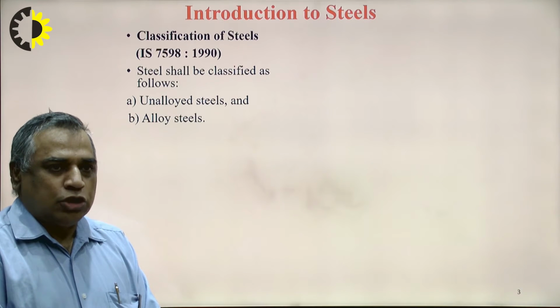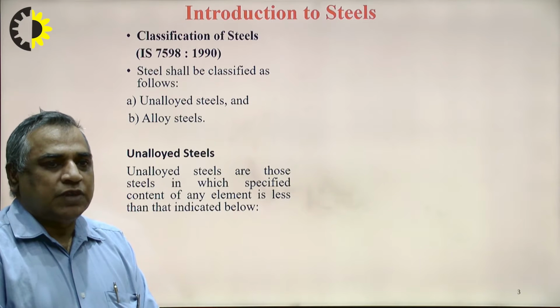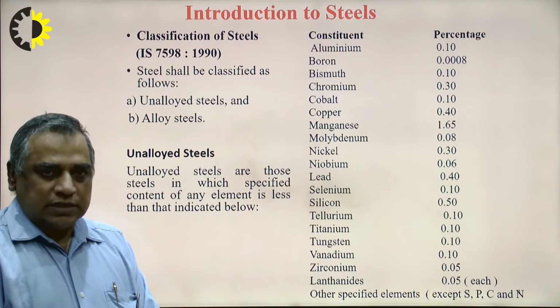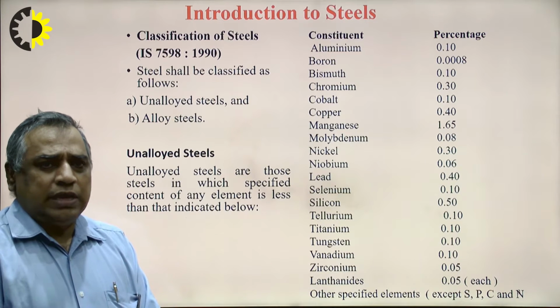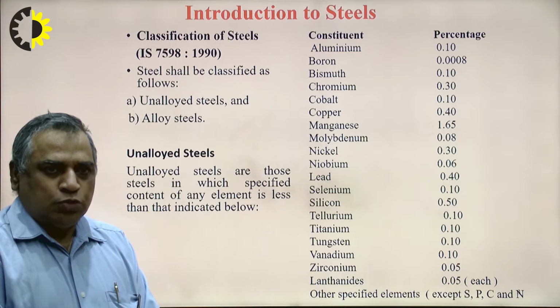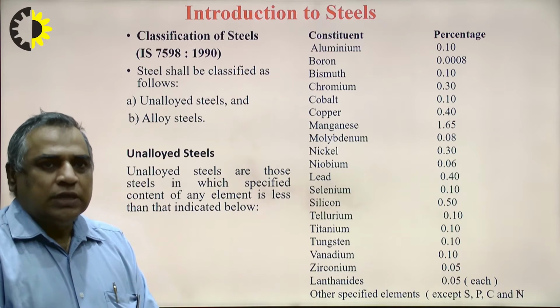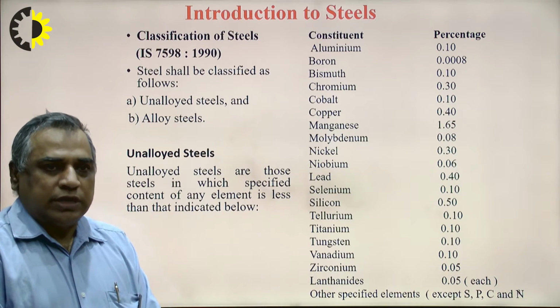Unalloyed steels are those in which the specified content of any element is less than that indicated in this table, like aluminium, if it is 0.10% or less, boron is 0.0008%. If the percentage is more than 0.0008, then it will not remain unalloyed steel, and will come into the category of alloy steel.